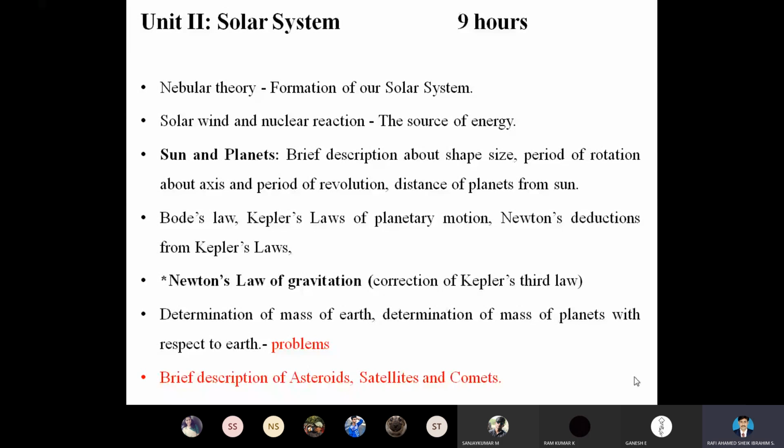So for today's class, we are going to see the problems and also a brief introduction about the asteroids, satellites, and comets.